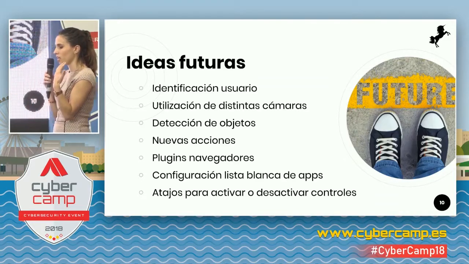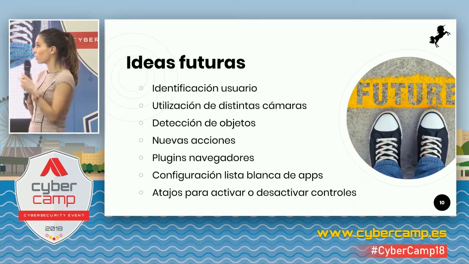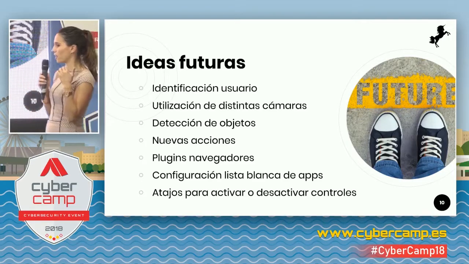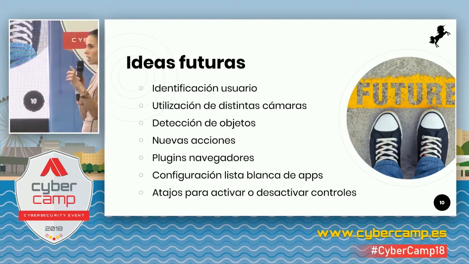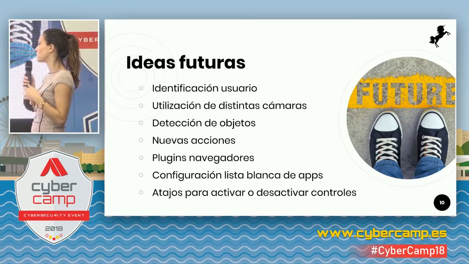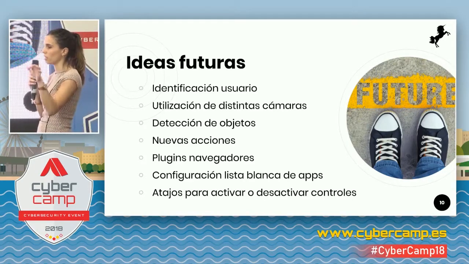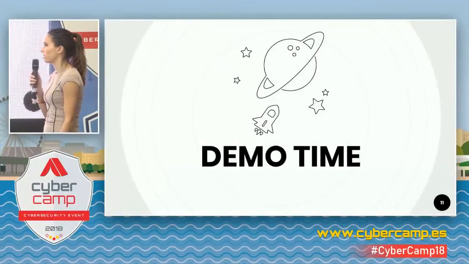We also wanted it to detect when you move away from the computer and block it. Also plugins or a whitelist for apps. So if you're using Sublime, it would know that that's the API and the device wouldn't work. And also shortcuts, maybe in the future, for the brightness to change with just a couple of clicks.